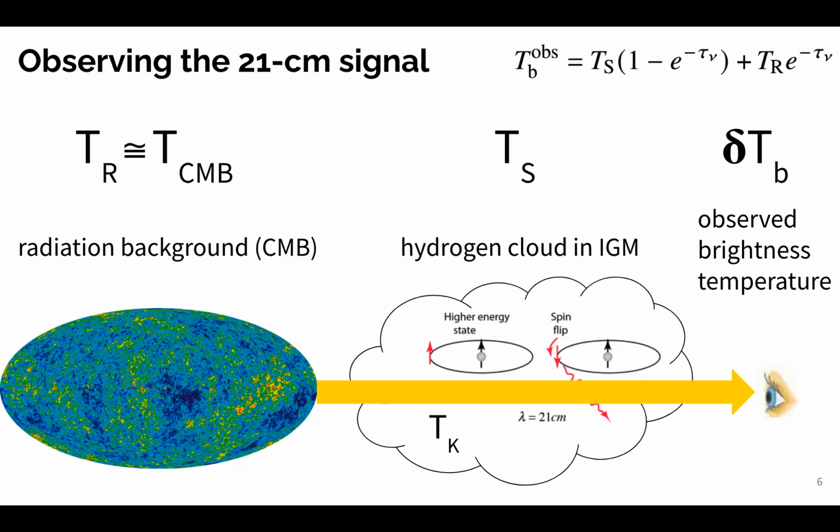So to understand how the spin temperature changes, we really have to understand how it couples with the gas kinetic temperature. The main thing you should get from this slide is that the spin temperature needs to be different from the background temperature for us to observe a 21 centimeter signal.